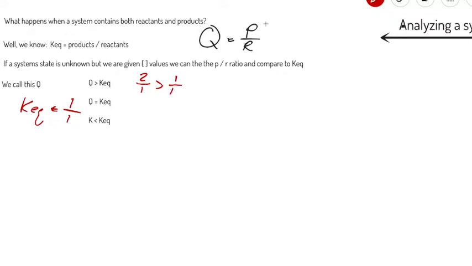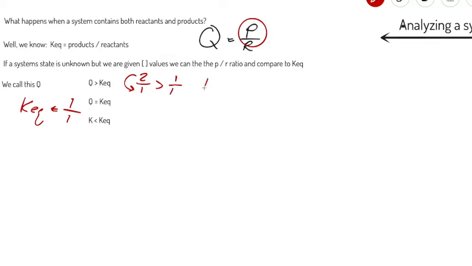Because the 2 over 1 represents products, what we see is that we have too many products, too few reactants. If we were to shuttle some of our products to become reactants, say this dropped down to 1.5 and that was 1.5, we'd end up with our KEQ value of 1 over 1.